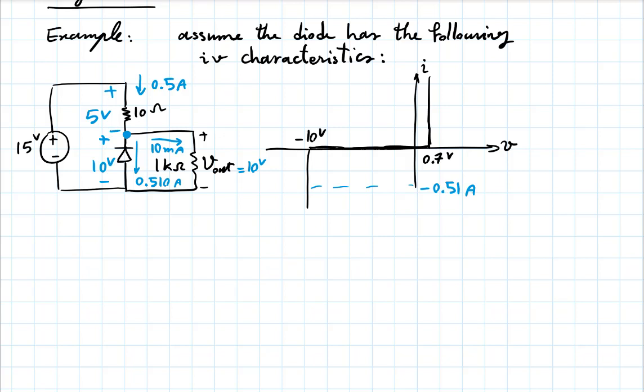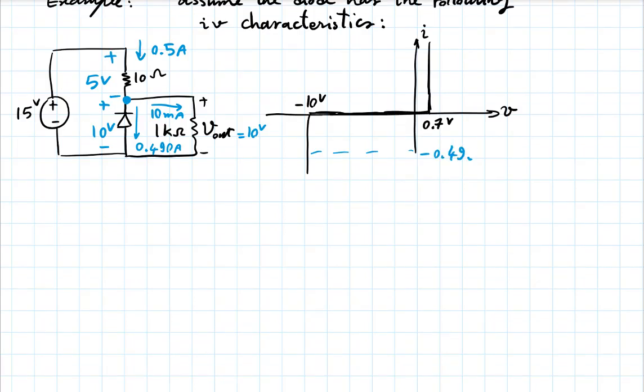So no contradiction there. That is the solution to the circuit. Oh, sorry, my mistake. You're right. It should be 0.49, not 0.51. Thank you. Yeah, my mistake. 0.49. So you are on this point on the IV characteristics, no problem. And that is the solution to the circuit.